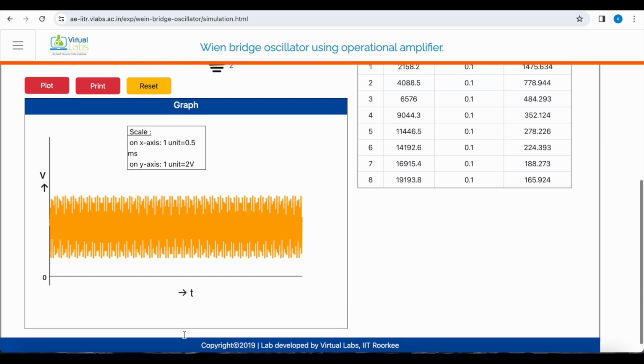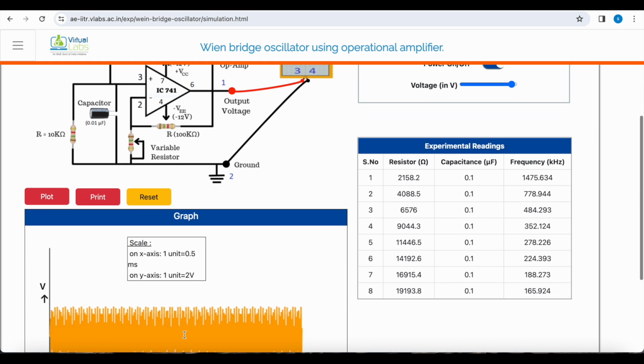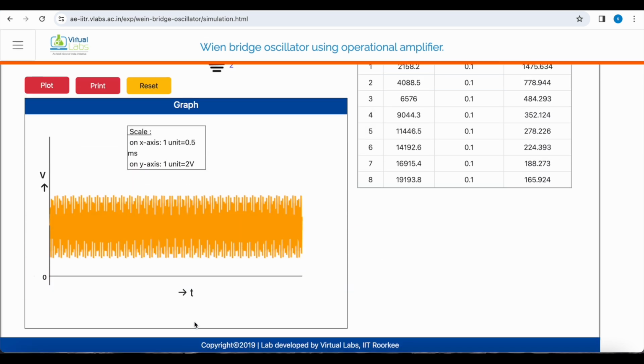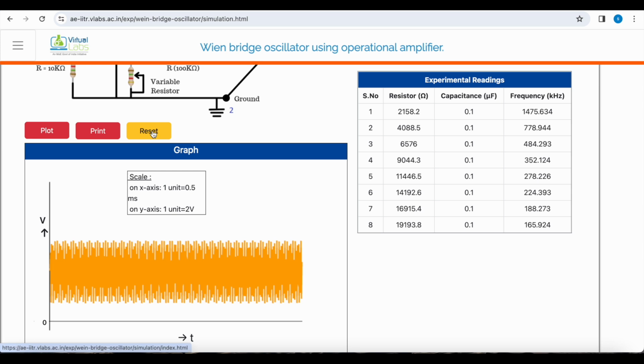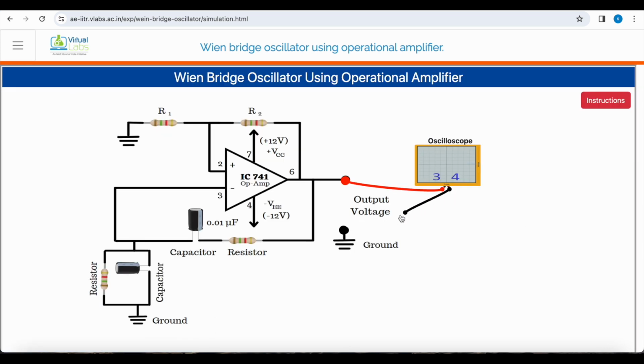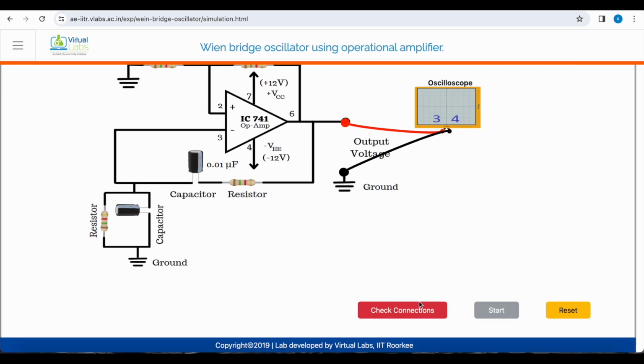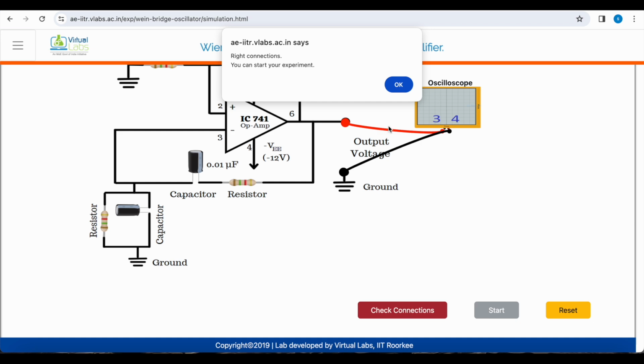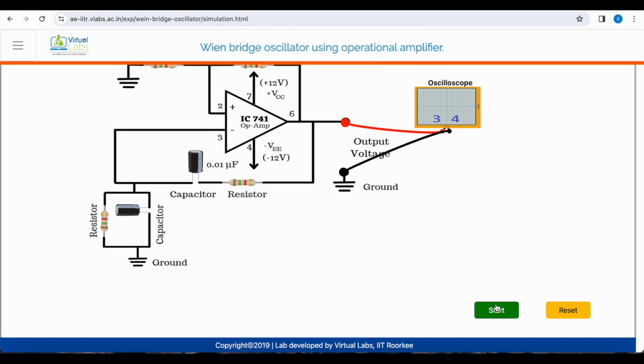Now what we can do is reset and do the experiment again. Checking connections will give us that the connections are okay, and we'll start the experiment again.